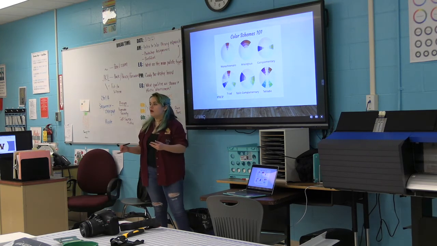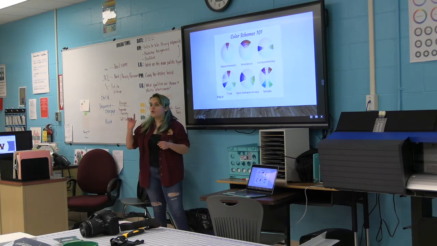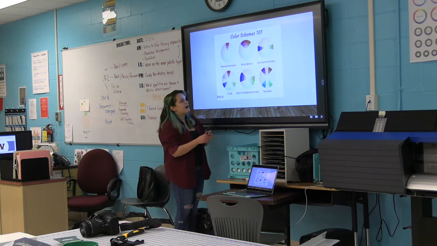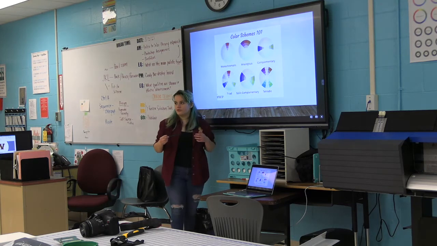So an example of a split complementary color scheme would be like if you had an orange, a blue, and a purple. Up here you have a purple, a blue, an orange, and a yellow. So these two are complementary, but it's split because there's more colors than just that. So it just makes it more interesting.